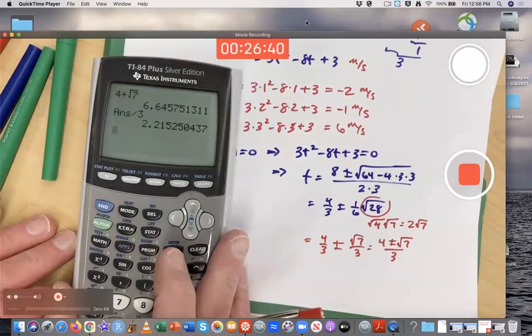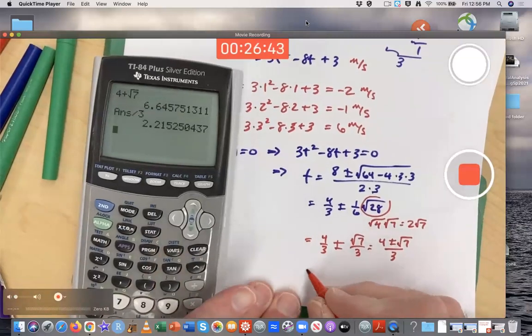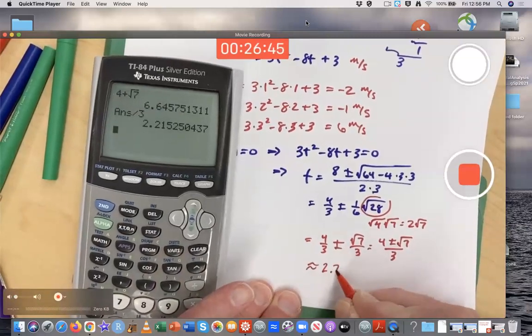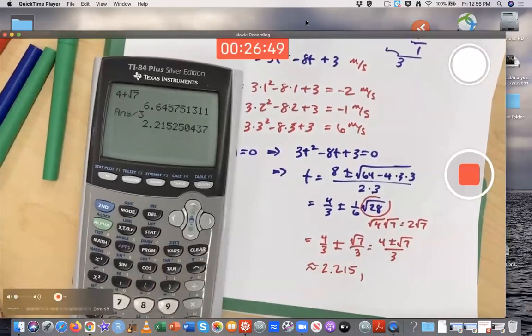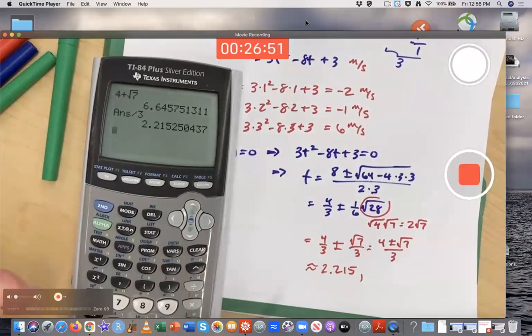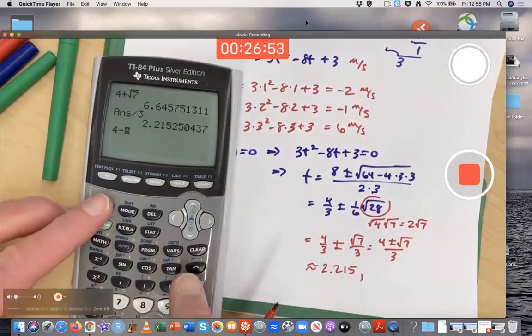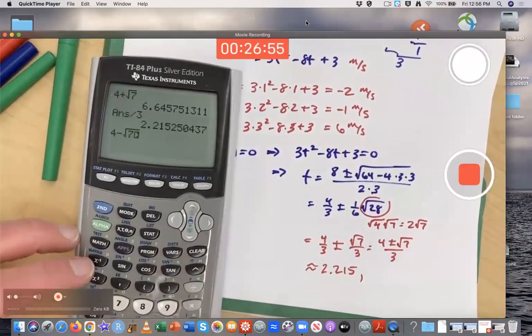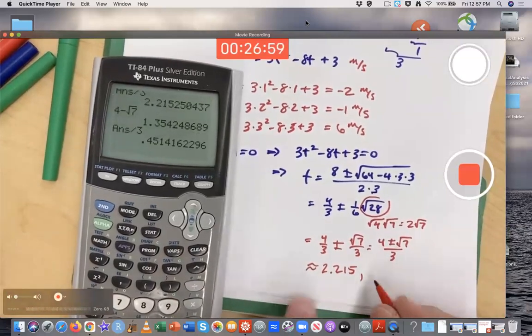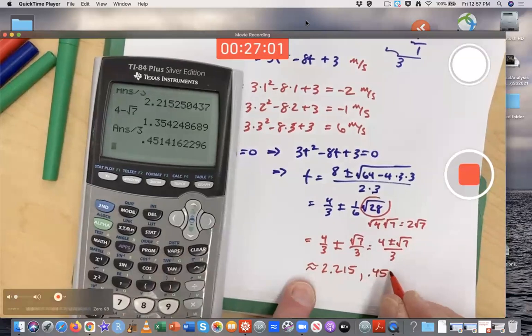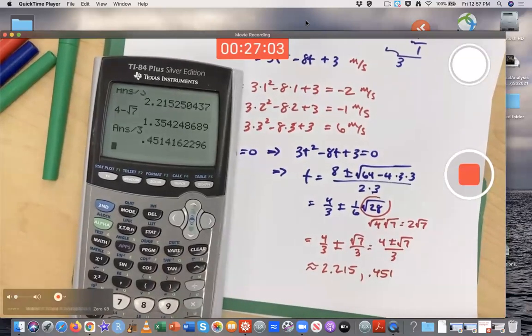Again, I do make plenty of mistakes, so there's one of them. That's the bigger one because that's the one with the plus sign. And then 4 minus square root of 7 divided by 3 is about 0.451. At those moments of time, your velocity is 0.